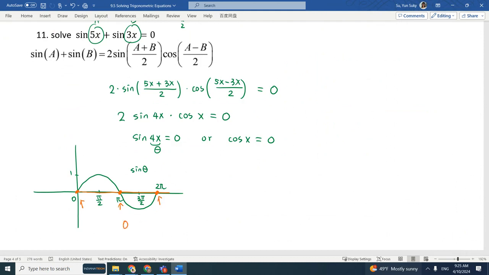So you can say theta is a multiple of pi: 0, pi, and 2 pi. So it's like k pi. You can imagine it as 0 plus 2k pi and pi plus 2k pi, but you can combine them and just put k pi. Is that okay, everybody?